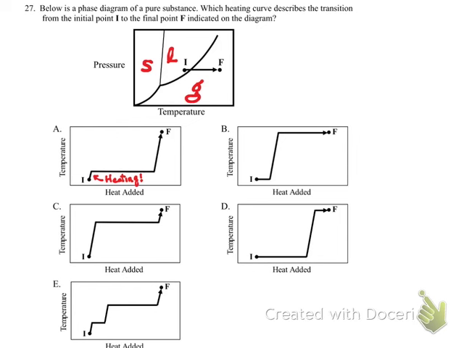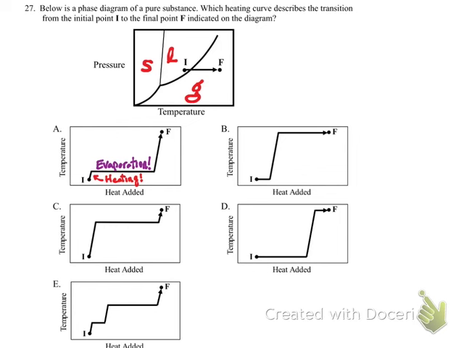If we look along here, heat is being added in, but yet the temperature of the substance isn't increasing. What's going on here? That's right, evaporation. Remember, phase changes are isothermal. They happen at a constant temperature. We're adding in heat, and that's going to break the intermolecular forces.